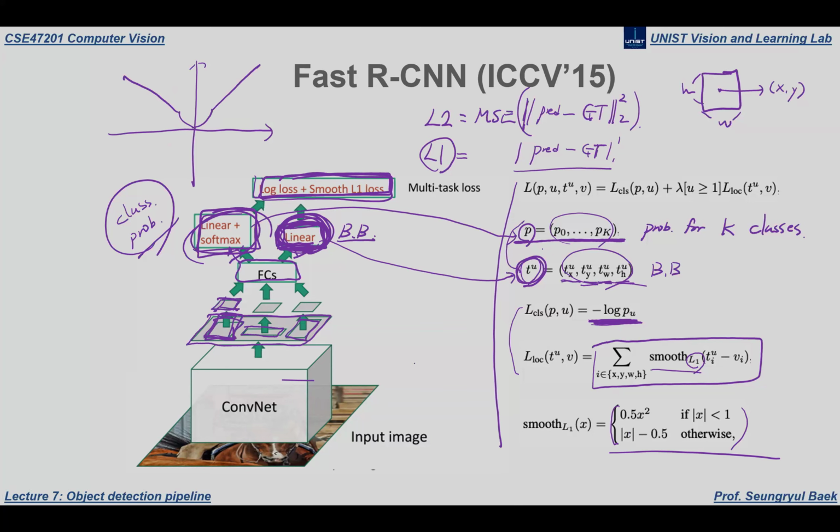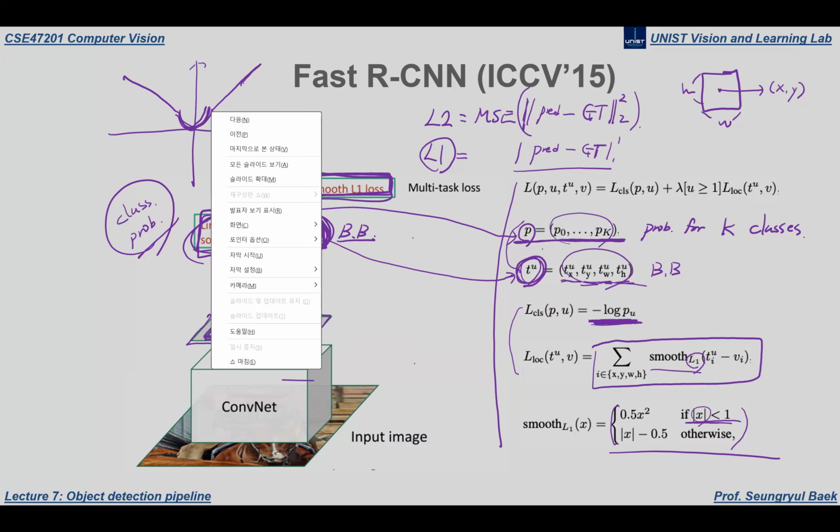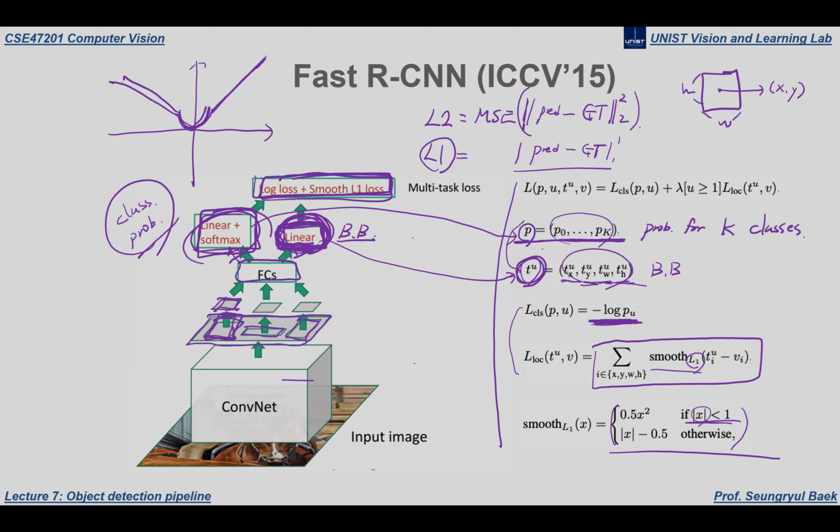this. So they want to apply L2 loss when ground truths and their predictions are very close. But they want to apply L1 loss if ground truths and their predictions are relatively far. I mean, their L2 graph is like this, but they are applying L2 only when their values are small.